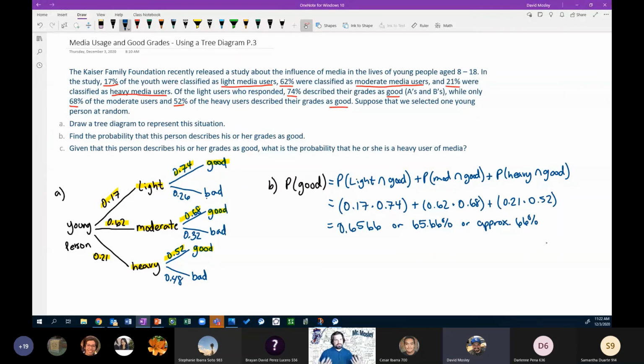Otherwise, we want to keep as much accuracy as possible and keep our decimal places, or just keep it as the original decimal representation. Those are all good options. Any questions on this part of the problem, part B, and how we got there? Good.